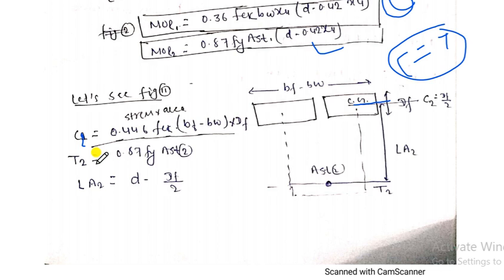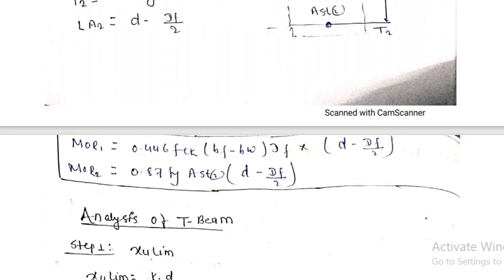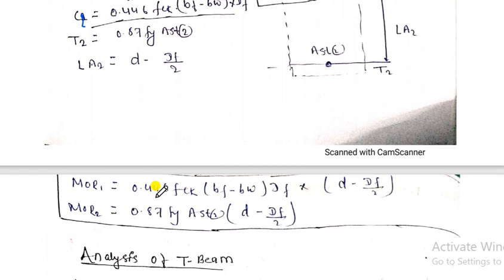Similarly T2 is 0.87 Fy AST2. Similarly the lever arm will be D minus DF by 2, since here the CG lies at a point DF by 2. So D minus DF by 2. Now similarly we will find the moment of resistance. The moment of resistance is nothing but the compressive force into the lever arm.